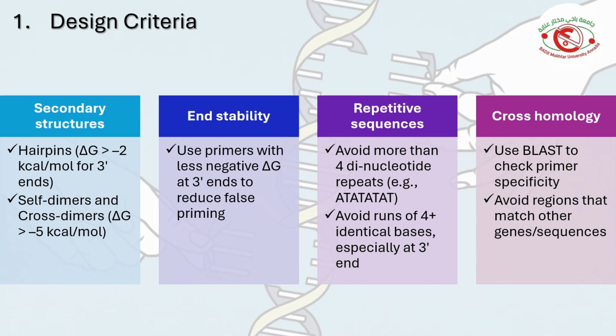To reduce false priming and get enhanced stability, it's recommended to use primers with a less negative delta G at the 3' ends. In addition, avoiding repetitive sequences and cross homologies is also an important criterion, and we will discuss these points in more detail later in this video.